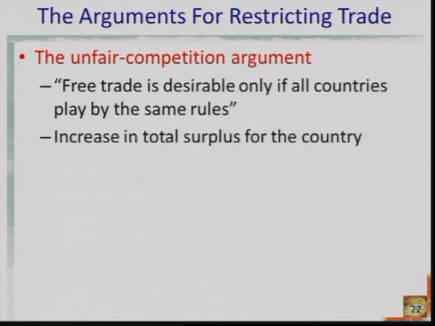Another argument that somebody might make for restricting trade might be the unfair competition argument, that we have to make sure that all countries are playing by the same rules, that it's not fair if the government in another country is subsidizing production of a particular product, and that's why they can make that product and sell it for a cheaper price. And an economist might say, well, that might be happening, but we're still benefiting.